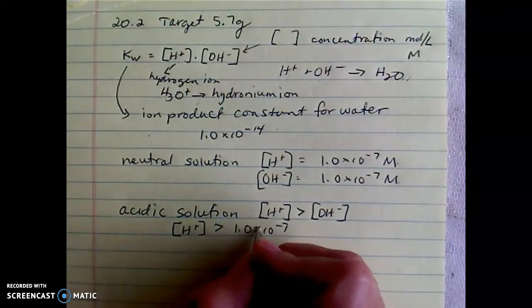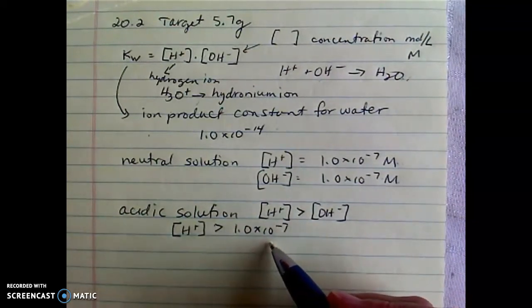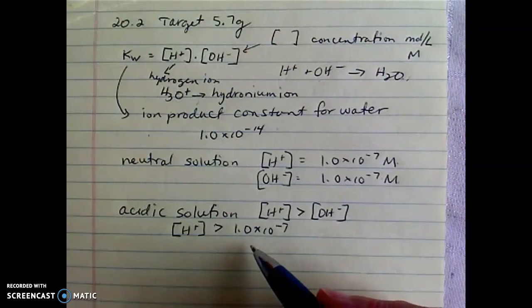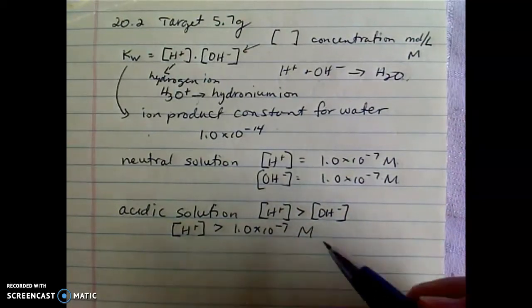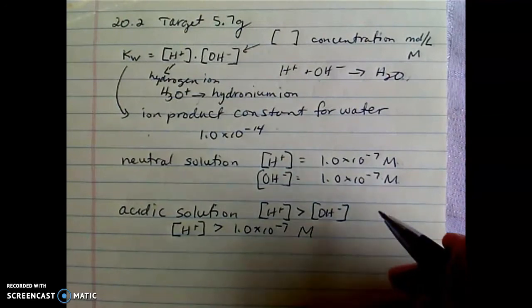So something bigger than that. So it could be 1.0 times 10 to the negative 5, or 1.0 times 10 to the negative 2. Those are examples of concentrations that would be greater than 1.0 times 10 to the negative 7.